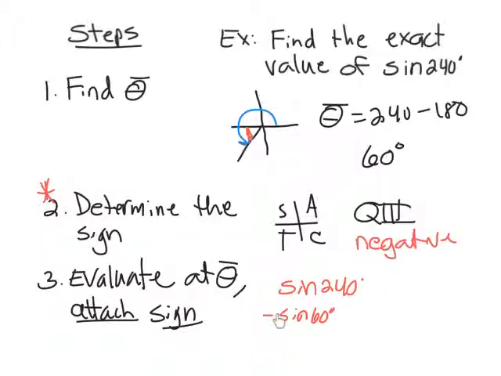Sometimes we have to make our answer negative. The exact value of the sine of 60 is radical 3 over 2. This is where it's handy to memorize those things, and since it's the third quadrant, we make it negative. We keep our answer exact, meaning the radicals stay radicals, the fractions stay fractions. I don't want any decimals or rounding.